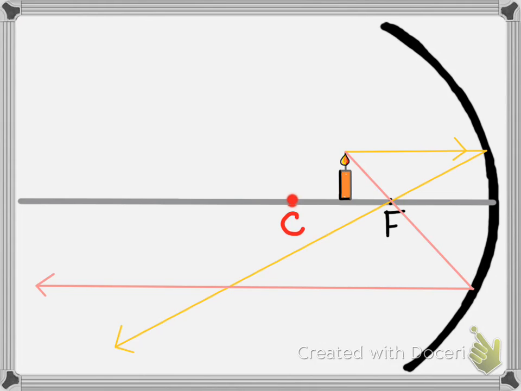Can't really tell if my line's perfectly parallel. We'll see soon enough. Now, this is the trickiest one. We have to draw a line from the object through the center of curvature that reflects back along itself. But wait a second, the object is inside the center of curvature. What we're really doing here is creating a line that connects the center of curvature, our point on the object, and the mirror surface.